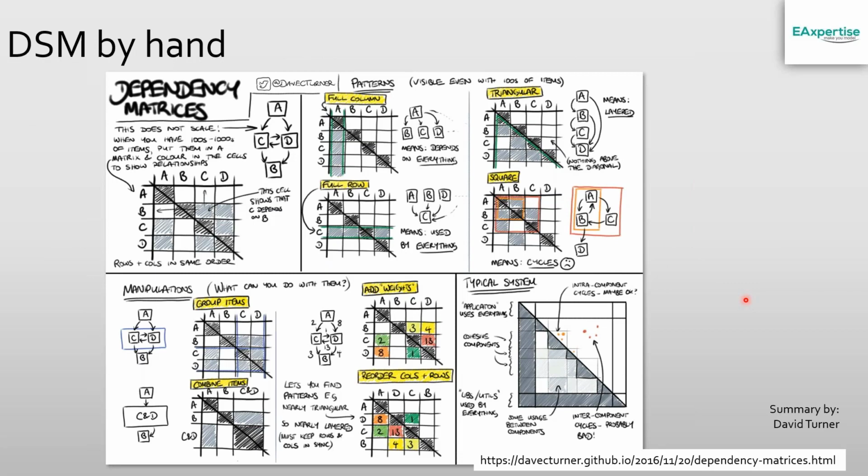I found a very interesting hands-on picture on the internet made by David Turner that explains what some of the patterns in the DSM look like and how you can improve those patterns. So when you're interested in this, have a look at this URL.